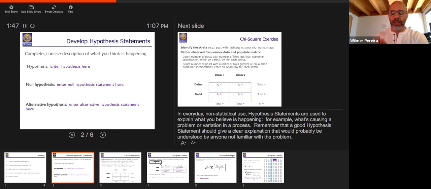Alternative hypothesis is that there is a statistical significant difference between the number of likes per post with these characteristics and the number of likes per post without these characteristics. Okay, so those should be the structure of your null and alternative hypothesis.